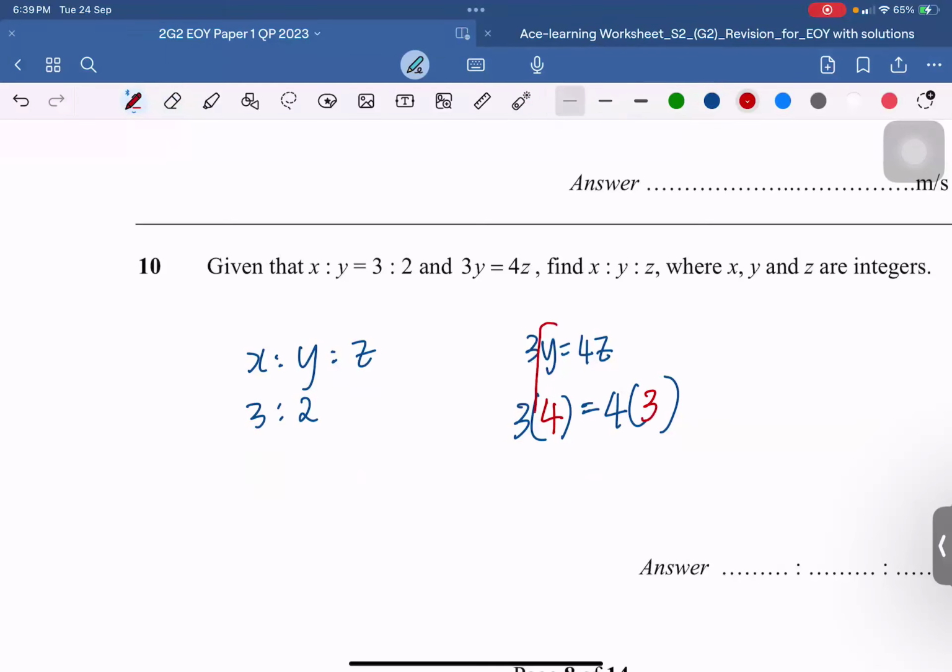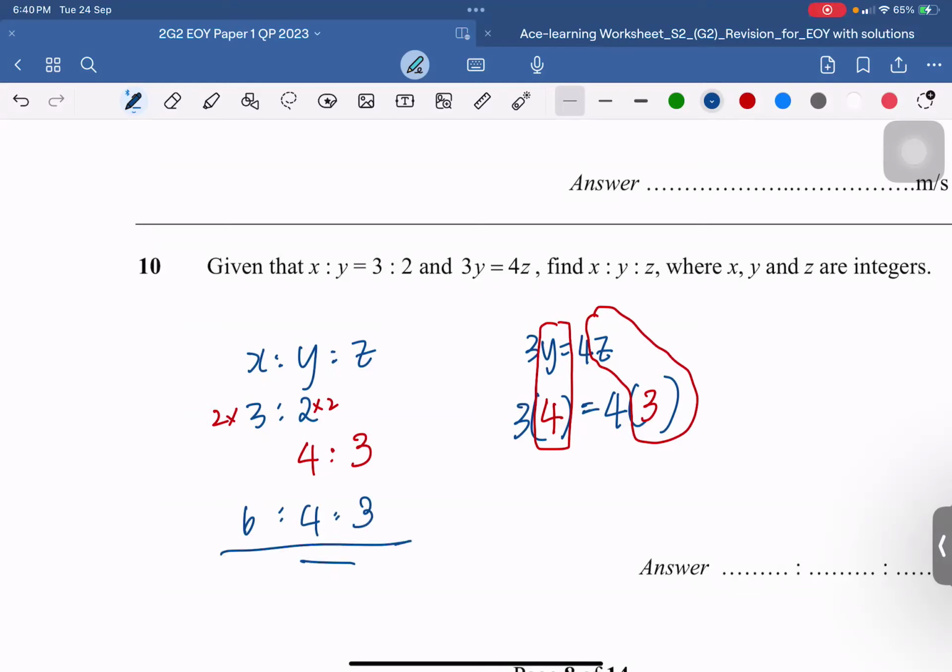So in this case, y is 4 units and z is 3 units. How do we make them the same? Times 2, so that it becomes 6 is to 4 is to 3. Check that there is no more common factor for all of them. So this is the answer.